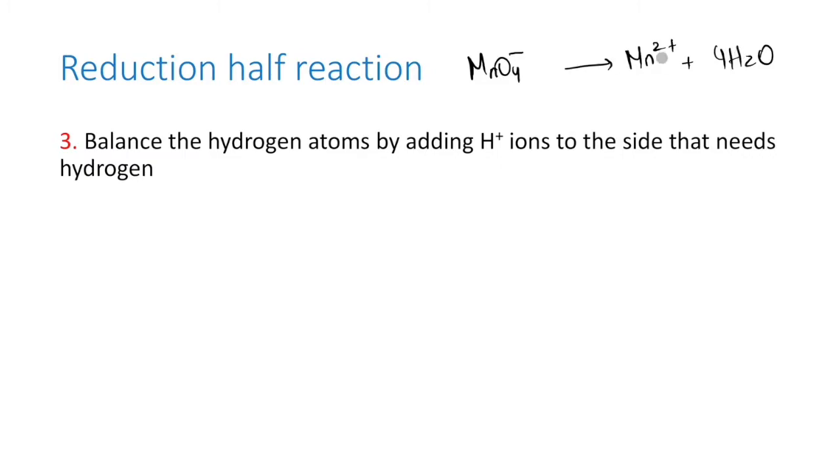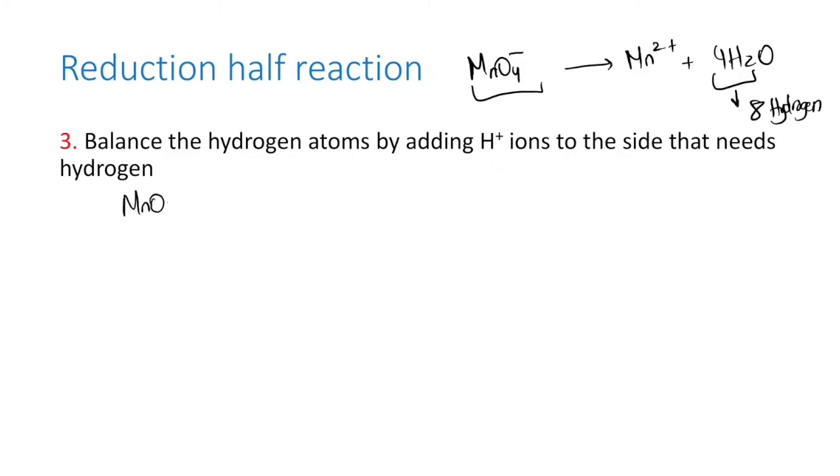So it's obvious that the hydrogen ions are not balanced. Here we have 4 H2O, which means we have 4 times 2, 8 hydrogen atoms, and here we don't have anything. We have 0 hydrogen ions. So for this reason, we need to balance the hydrogen by adding H plus.